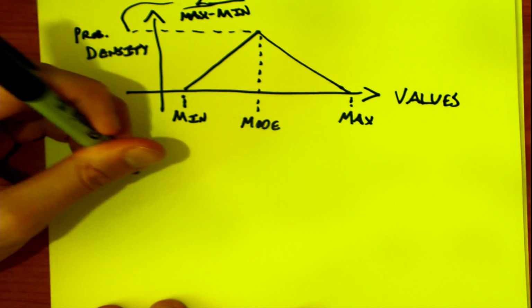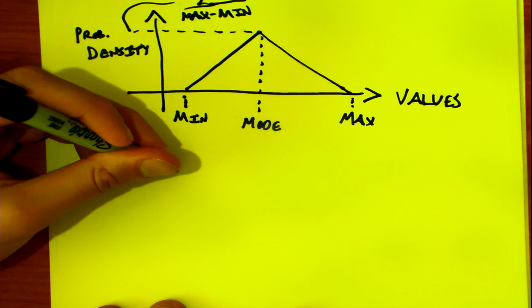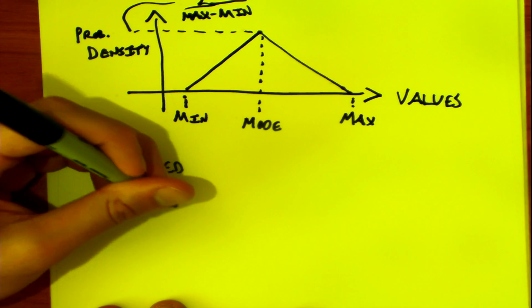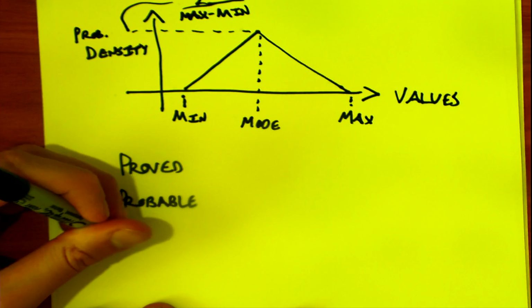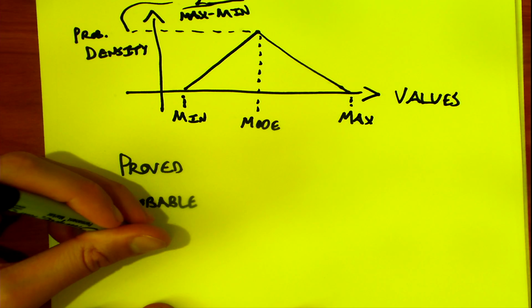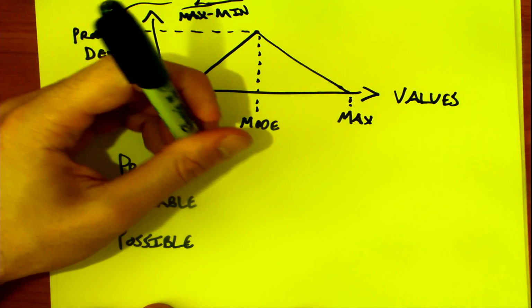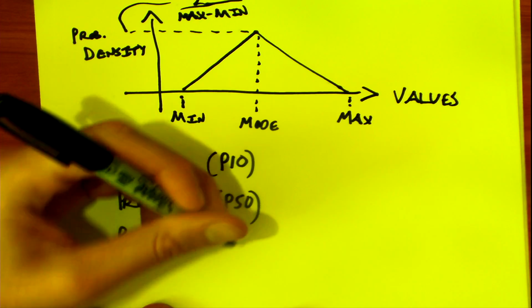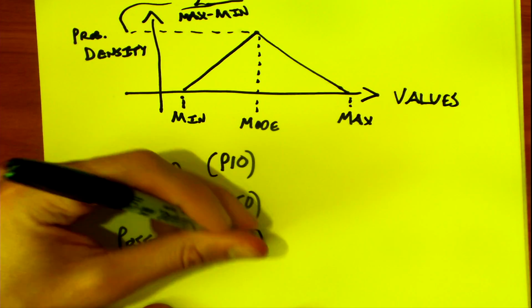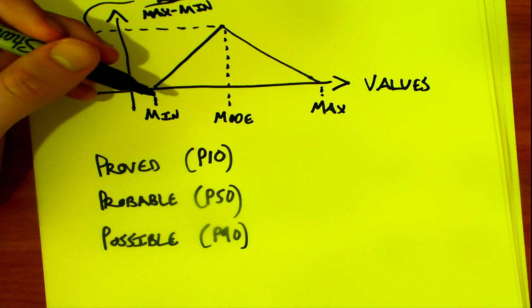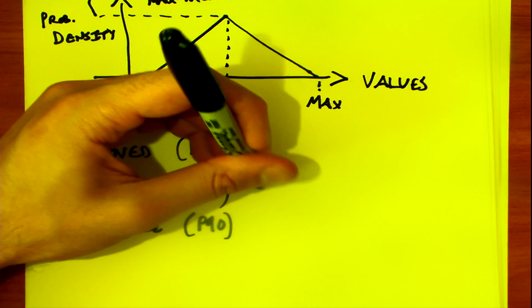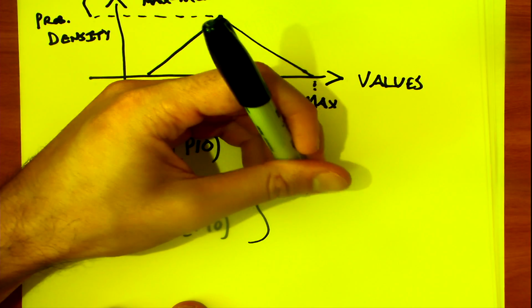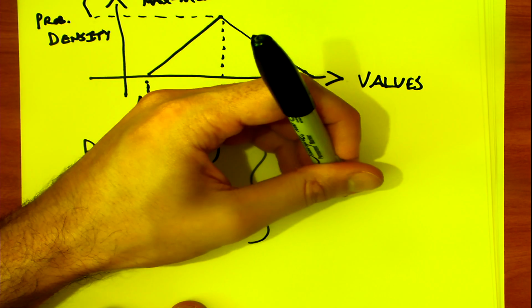So, proved, probable, and possible. You'll also see these referred to as P10, P50, and P90 as estimates. These all correspond to probabilities of exceedance.